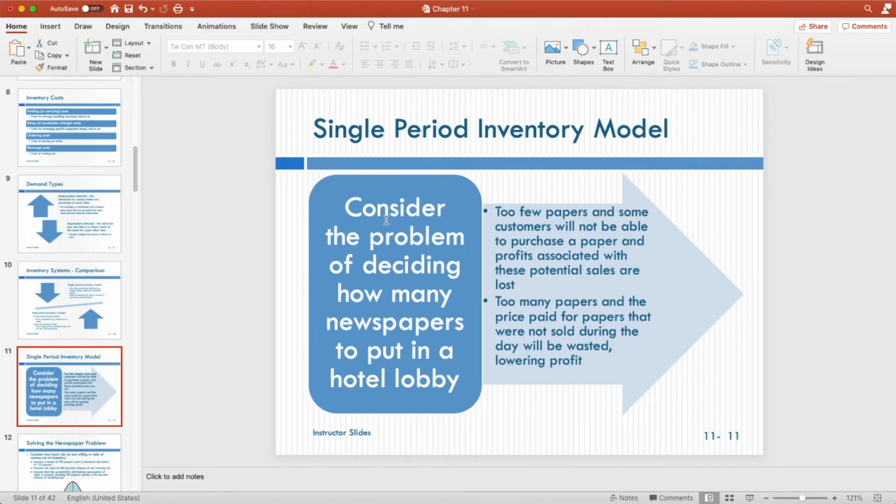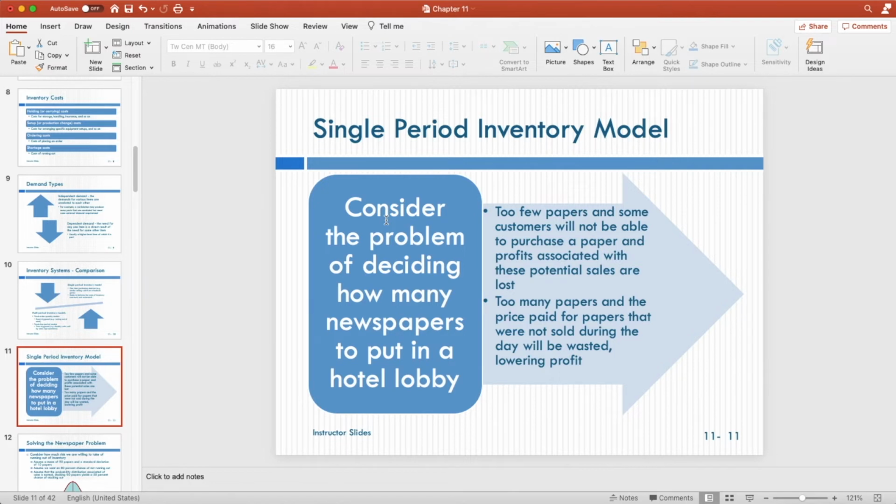Then you know that the market demand for this newspaper within your hotel is 18. Of course, the market demand can be over 20, but in those cases, since you only have 20 newspapers, you lose some profit opportunity. You see the trade-off between these two, right?